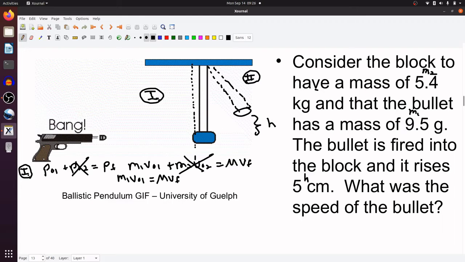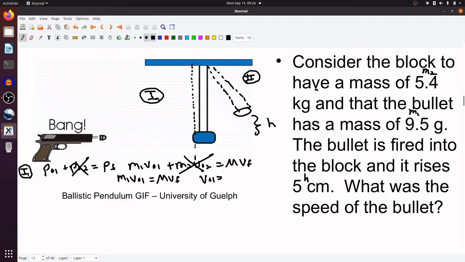Well, we do know what big M is. It's the mass of the bullet and the block. We have that, and we do know the mass of the bullet. But what we don't know is the final velocity of the bullet and block, or the initial velocity of the bullet. So that's a little bit of a problem. But since we want to find the initial velocity of the bullet, I will solve for that.